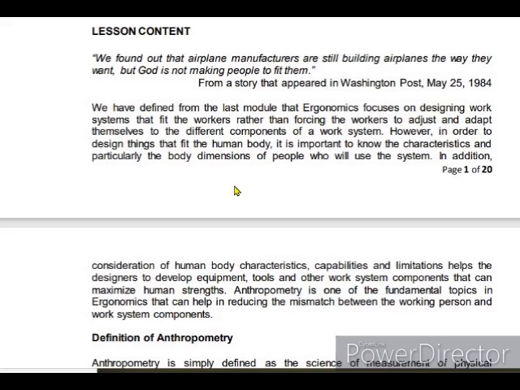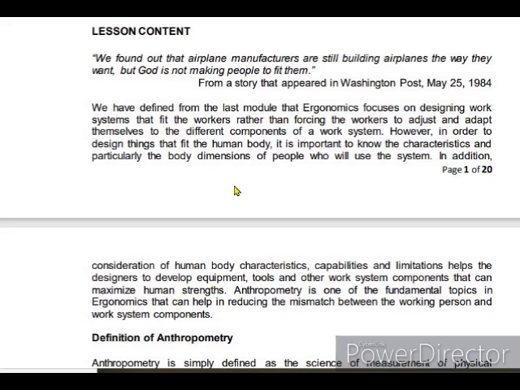Of course, before we design any system or any product and equipment, we have to know what our base information is. So what information are we basing on? We should base on the user's characteristics, which lies in anthropometry, because the users are the ones to use the objects that we will be designing.